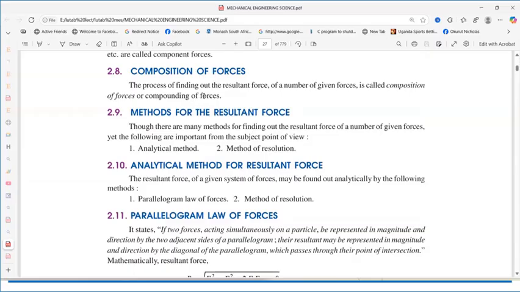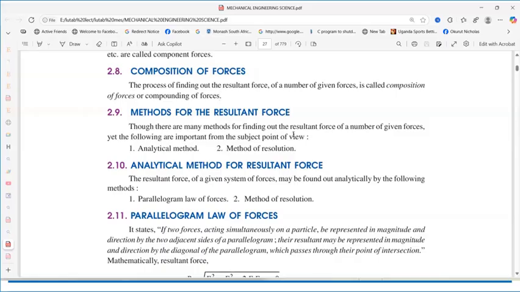Composition means the process of finding out the resultant force. That is called composition. So all that we have been doing is called composition: the process of finding out the resultant of a number of given forces.